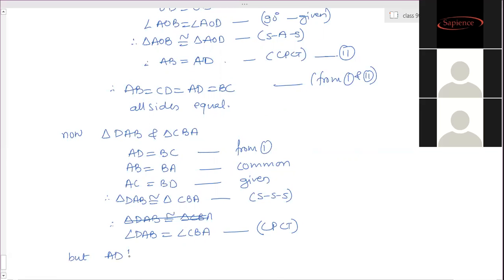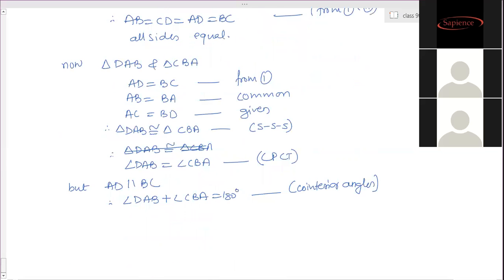But AD parallel to BC, therefore angle DAB plus angle CBA is equal to 180 degrees, co-interior angles. So angle DAB plus angle DAB is equal to 180. Twice angle DAB is equal to 180. Angle DAB is equal to 90.